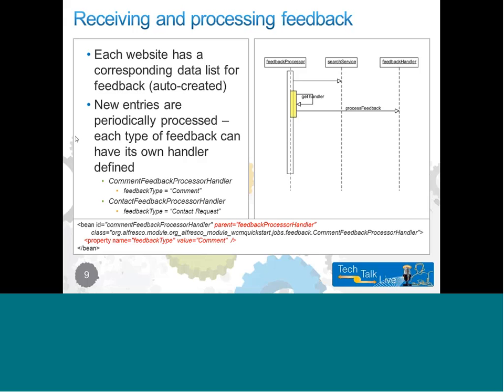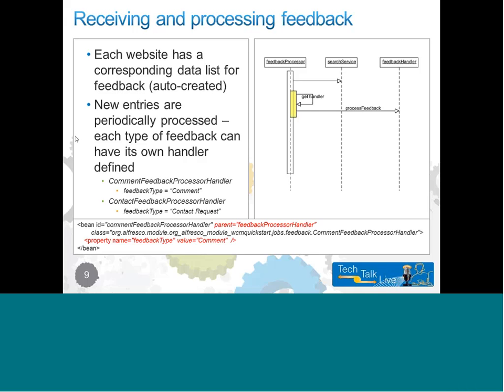So if you remember, I pointed out that when I put in the comment for the blog post, it entered the data list with a feedback type of comment, and when I entered a contact request, it went into the data list with a feedback type of contact request. So those 2 different types triggered off 2 different processor handlers in the background.